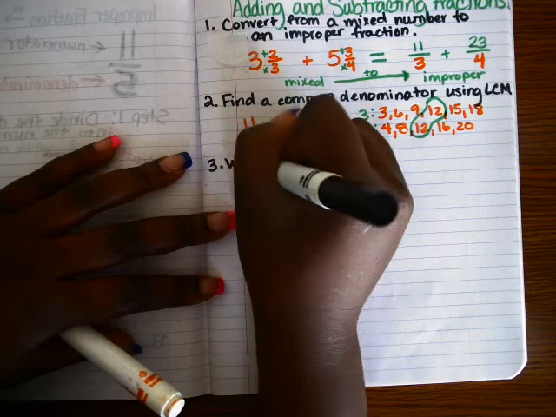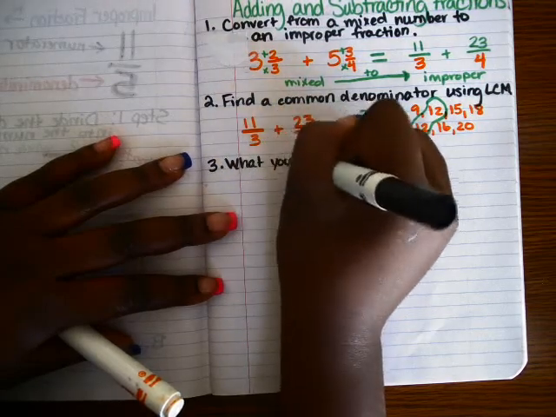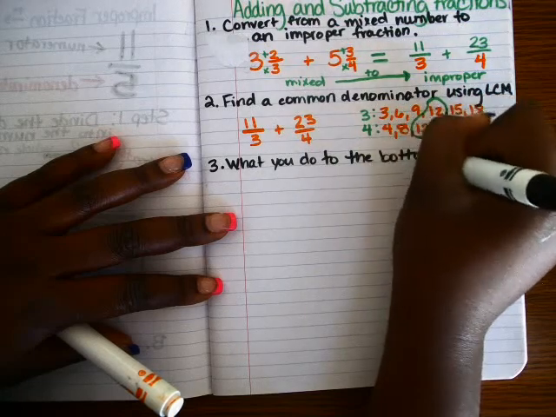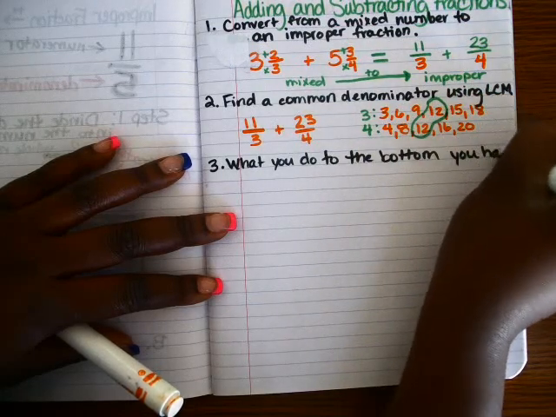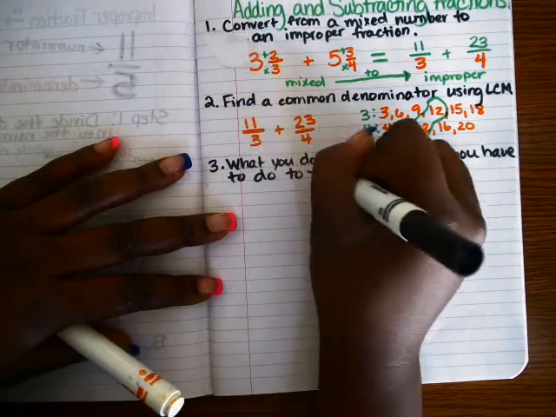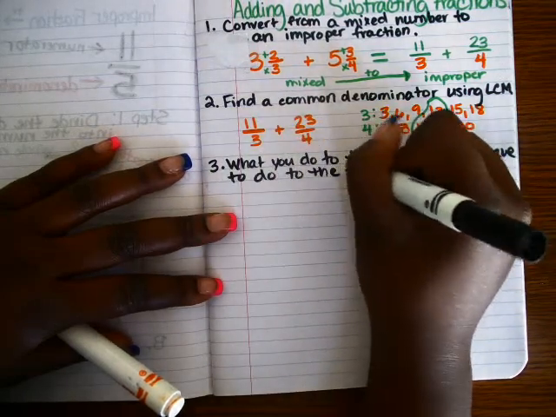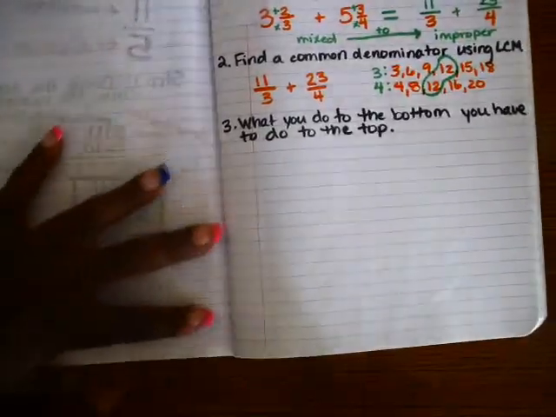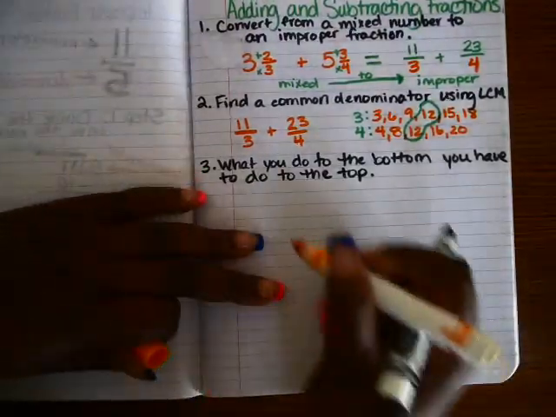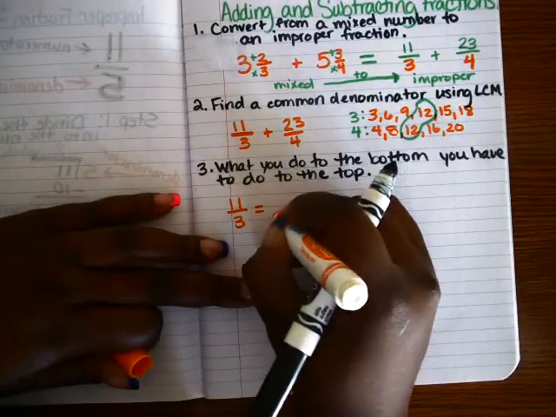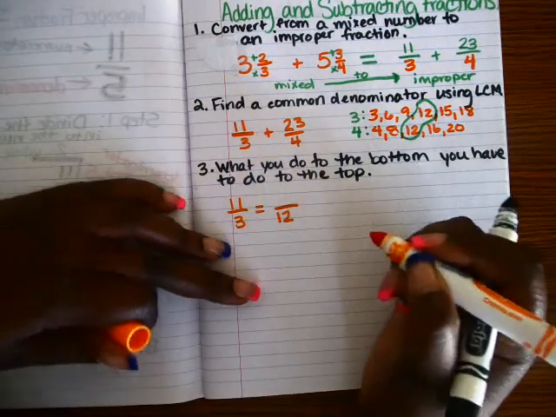What you do to the bottom, you have to do to the top. Well, on our first fraction, we started with 11/3, and we want to change that fraction to where it has a denominator of 12.